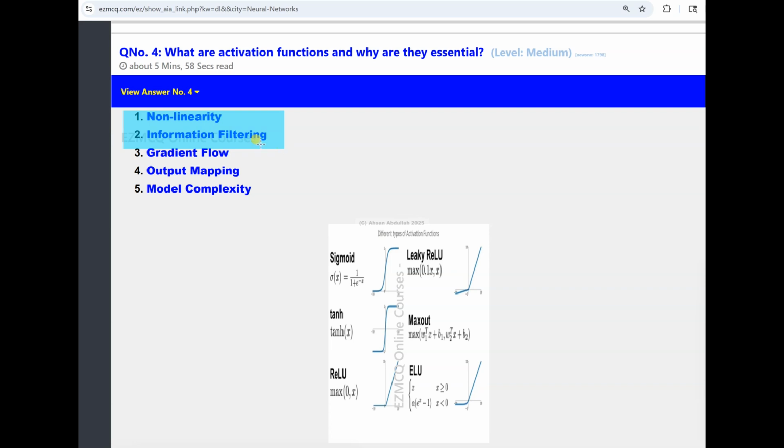Then there is the gradient flow. So what is gradient flow basically? When backpropagation takes place, what was classified is compared with what it should have been. These activation functions influence how the gradients pass through the network.